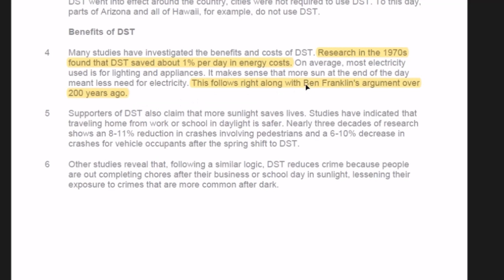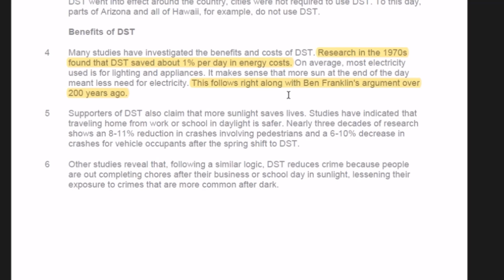They're citing someone that they want to use as an authority figure. Benjamin Franklin was a founding father. He was not a president. He lived in the end of the 1700s, and that's why it says over 200 years ago. And so these are two pieces of evidence I found in this first paragraph about benefits.